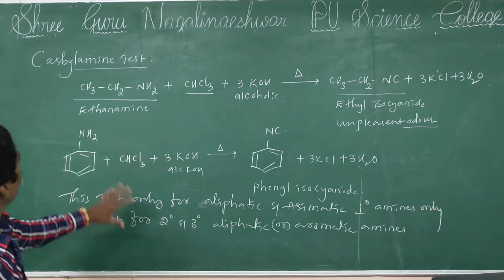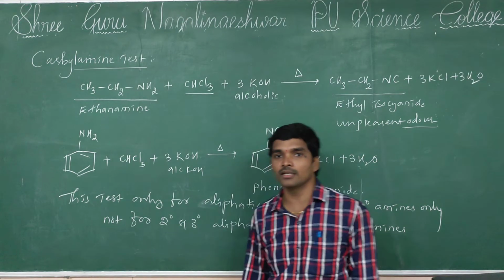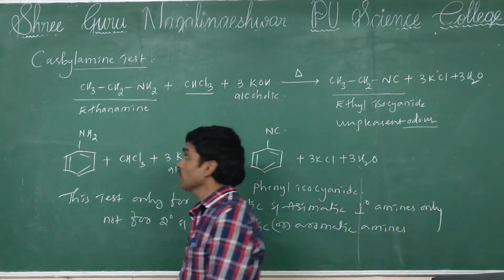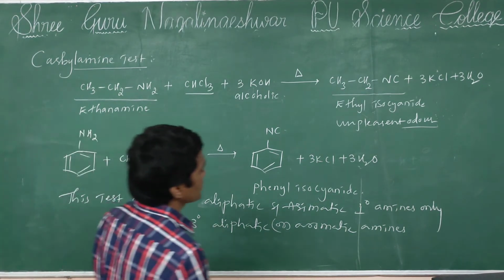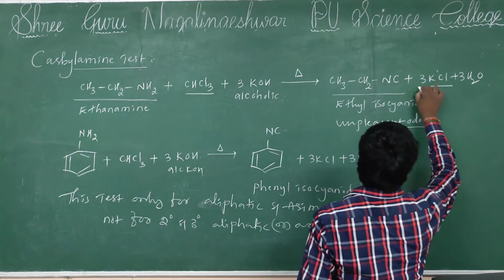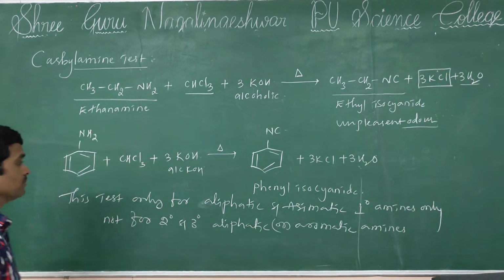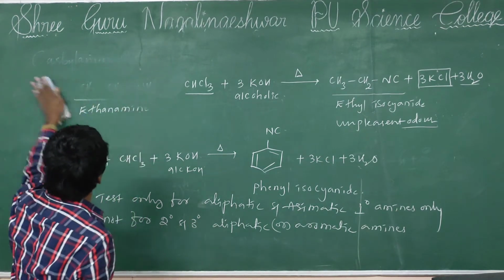Only primary amines give the positive test. Now we will discuss the mechanism of the carbylamine test. In this test, the byproducts are 3 moles of KCl and 3 moles of water. How are they formed? I will explain clearly.